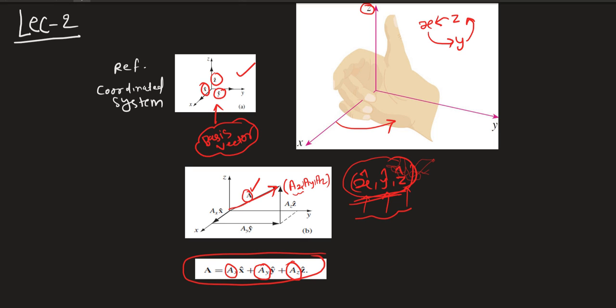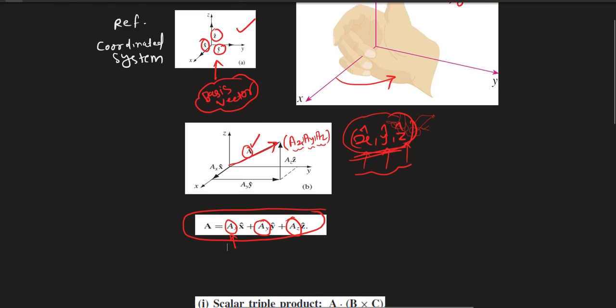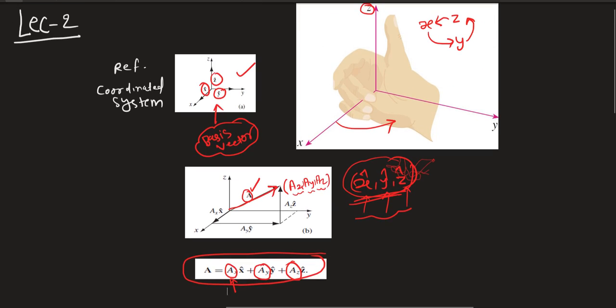Then these ax, ay and az are simply the components in the direction of the x-axis, y-axis and z-axis respectively. So these are just the components along the Cartesian coordinate axes. In another way, I can also say these ax, ay and az are the projections.